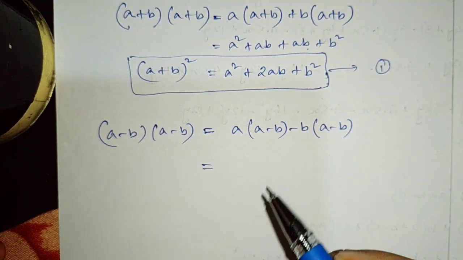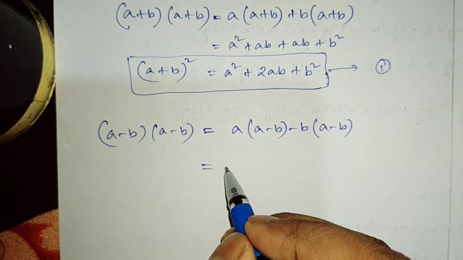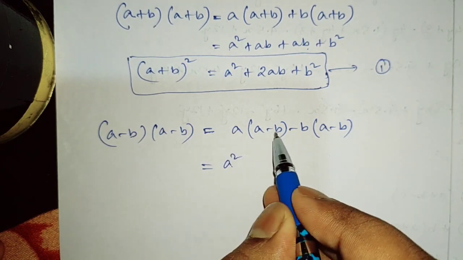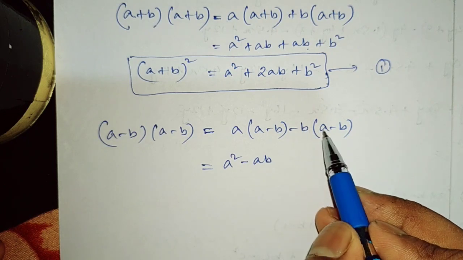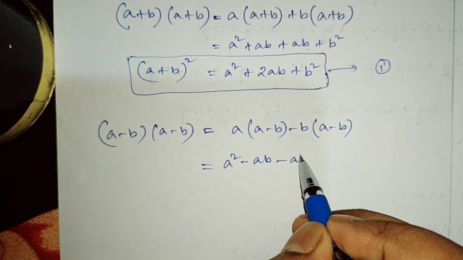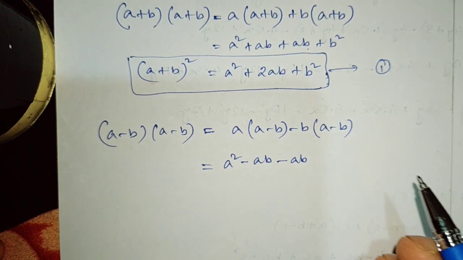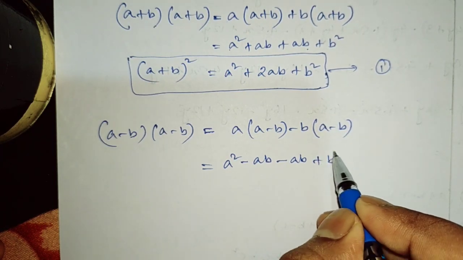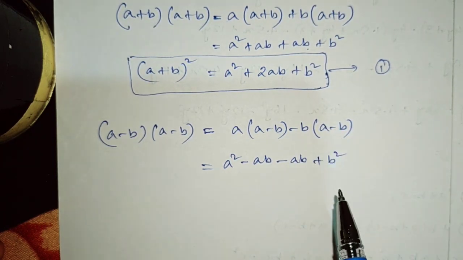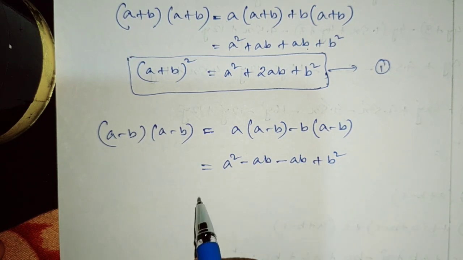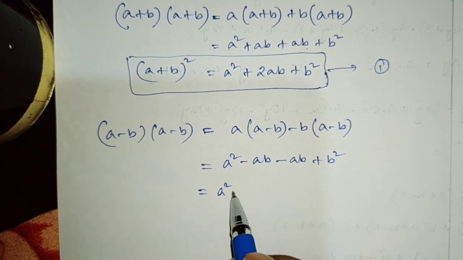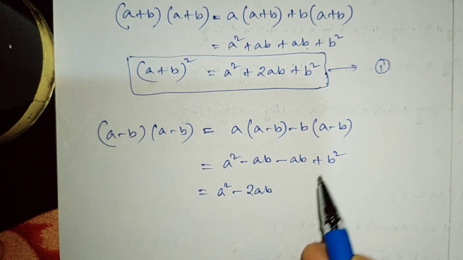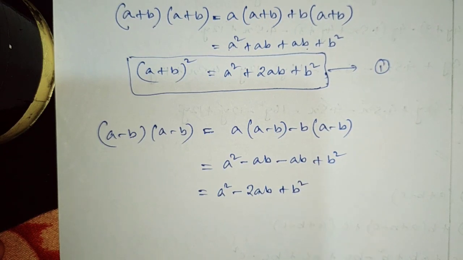Then a into a is a square, a into minus b is minus ab, then again minus b into a will be minus ab, and minus b into minus b will be plus b square. Minus into minus is plus, you remember? Then a square minus ab minus ab will be minus twice ab, plus b square.